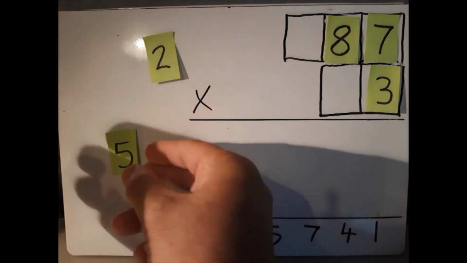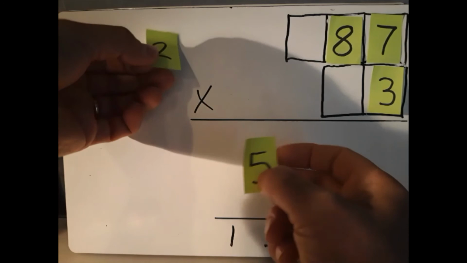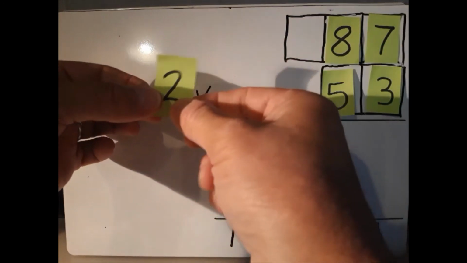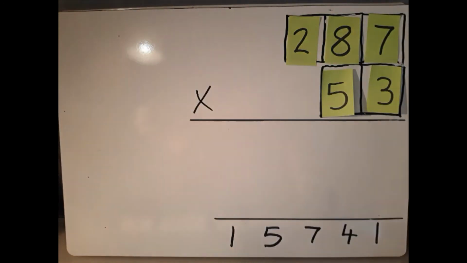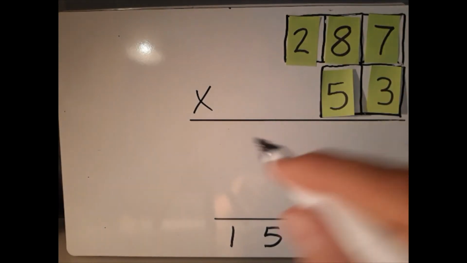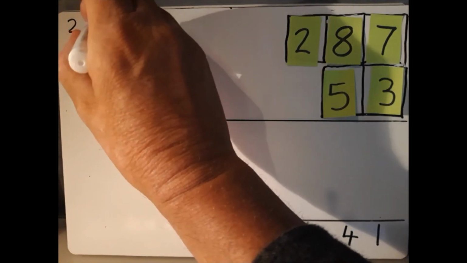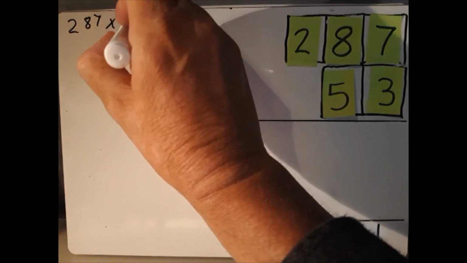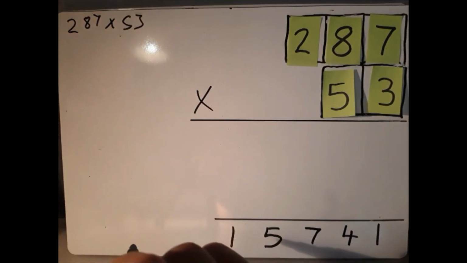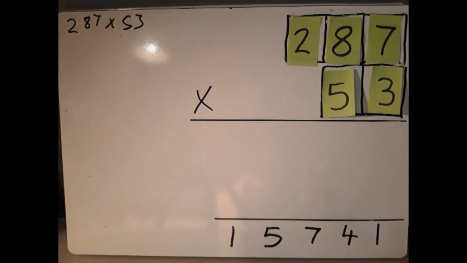So you now have a few calculations that you could try out to see which one gives you that final answer. We now know that there are only a few possibilities. We could have 287 times 53. That could be one of our calculations.